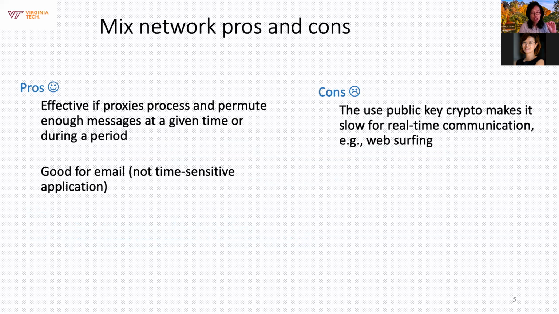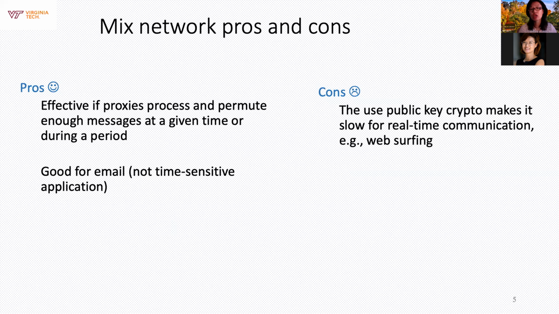And the major difference in TOR onion routing is that instead of using public keys, as in mixed network, TOR onion routing sets up TCP-like, TLS-like channels, so that the proxies and all different nodes use symmetric encryption that enables much faster communication. So mixed network would not work for surfing and viewing videos, because it's just slow.